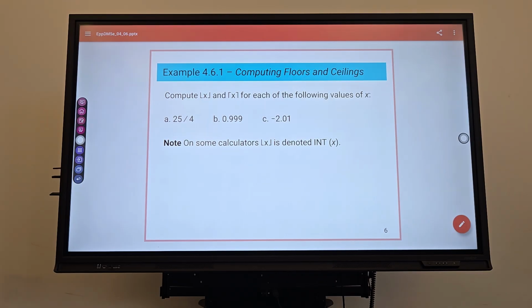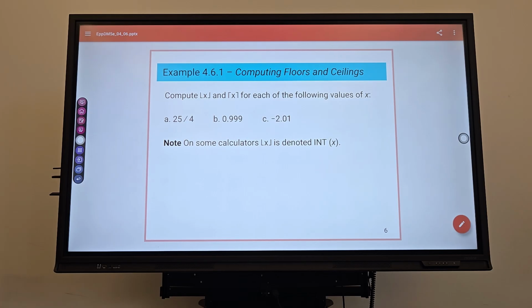Floor of 0.999. It's not an integer, so what's the next integer lower? 0. And the ceiling would be 1.